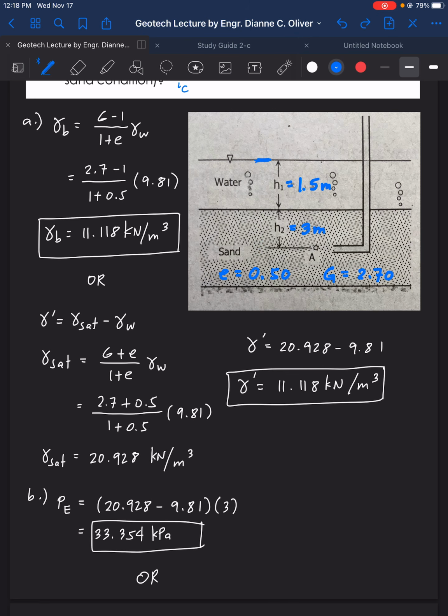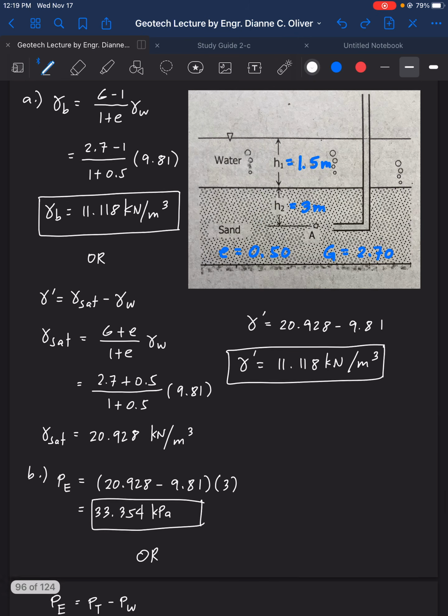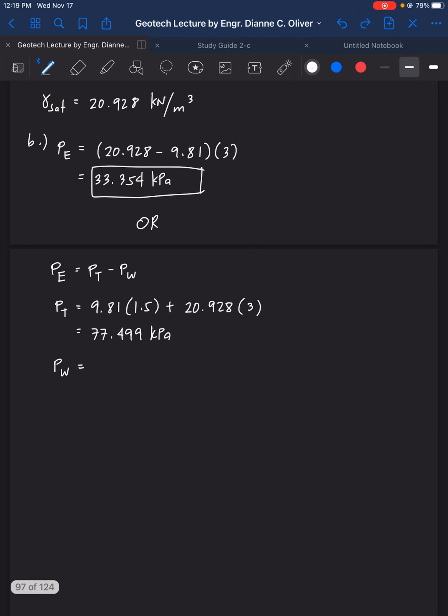P water. P water is the height of the water from the water surface up to the point. So that is 1.5 plus 3. So that is 9.81 times 1.5 plus 3. So that is 44.145 kilopascal.